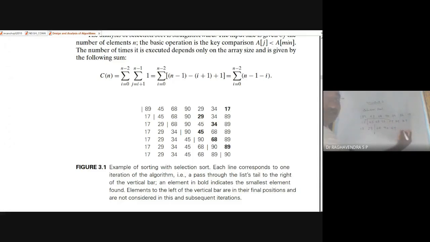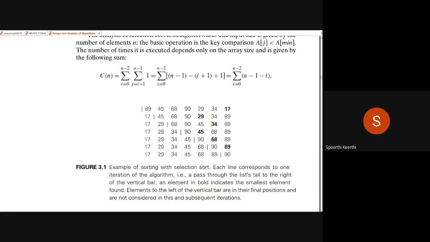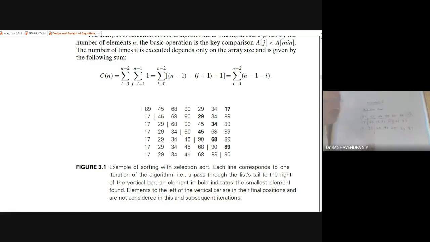Then we have 34, then we have 89. So identify the smallest element. 34 is the smallest element. Now you move this 34 here, so 17, 29, 34.